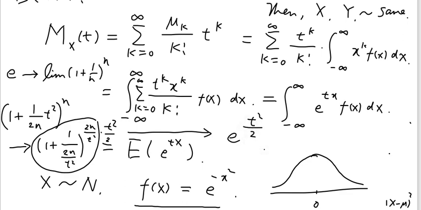So the moment generating function looks like e to the t squared over some coefficient, like t squared over 2. So we prove this: the moment generating function is the same as the normal distribution, right?